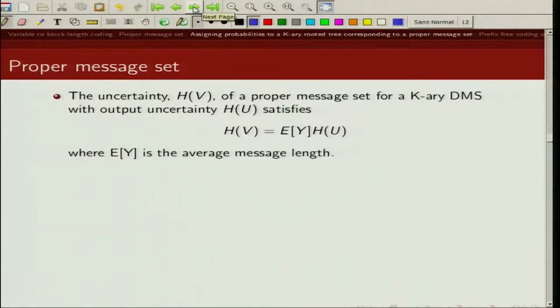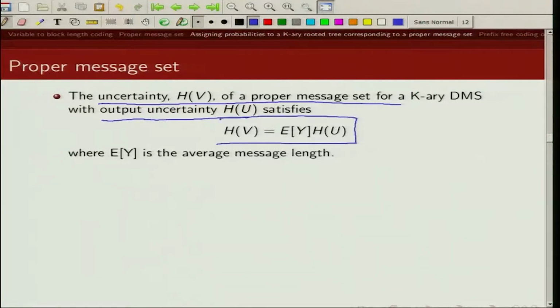Now we are going to show that the uncertainty of a proper message set, which we are denoting by H of Y, of a query discrete memoryless source with output uncertainty U, satisfies this relationship.